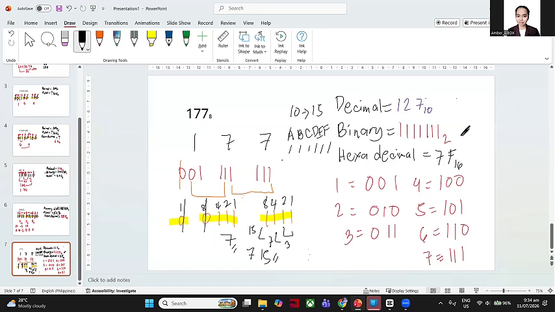In hexadecimal, it's always 10 to 15. And in octal, there's a corresponding binary for each number. So yeah, that's it for our number system.